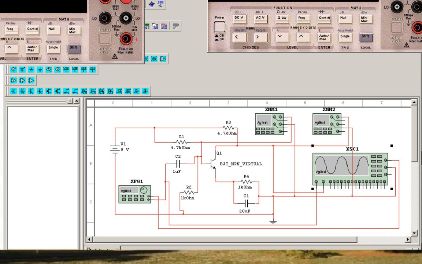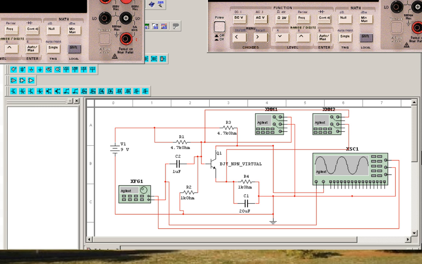I want to measure the voltage from the base to the emitter, from base to emitter.